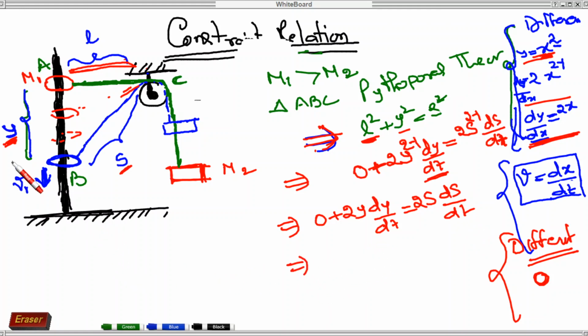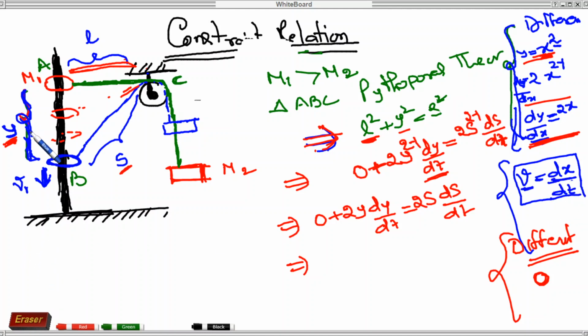You can see here that y is increasing. I told you that v is equal to dx over dt.